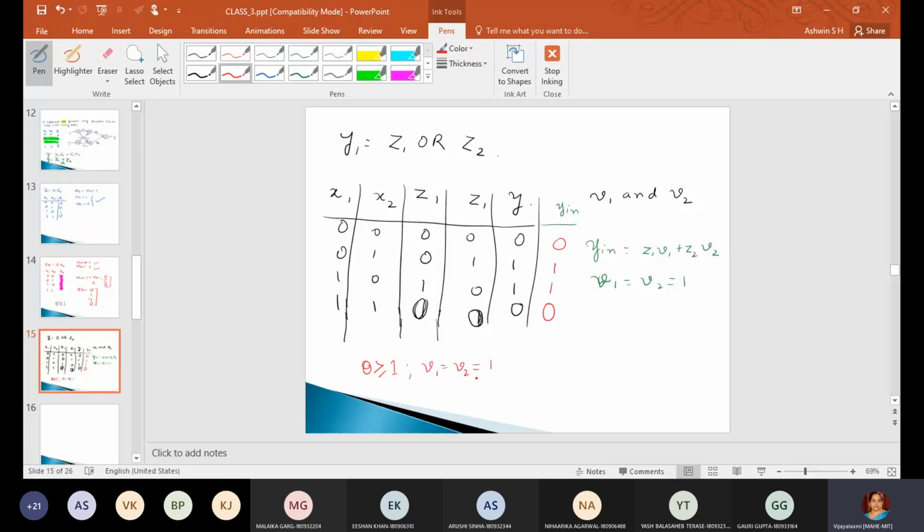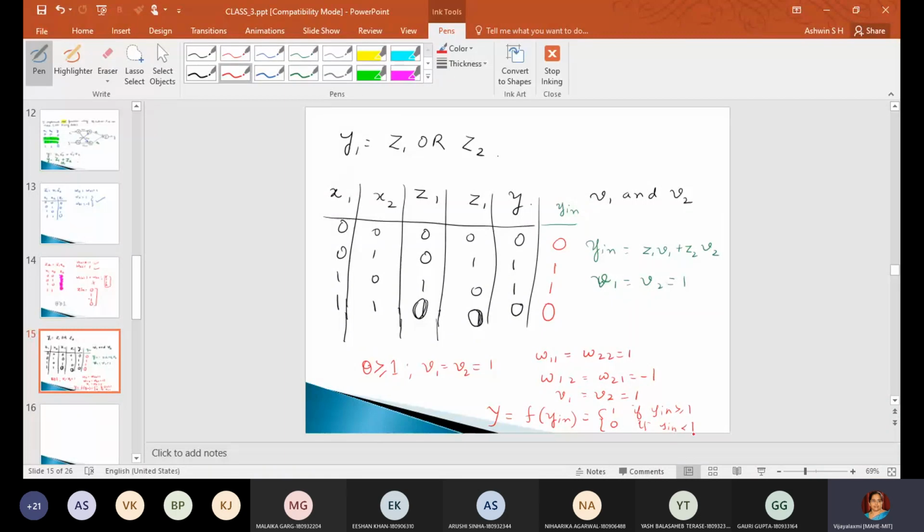Now finally, for the XOR function using this MP neuron model, we can write that w11 is equal to w22 is equal to 1, w12 is equal to w21 is equal to -1, v1 is equal to v2 is equal to 1, and the final model will be output y is equal to function of y in, which is 1 if y in is greater than or equal to 1, and 0 if y in is less than 1.